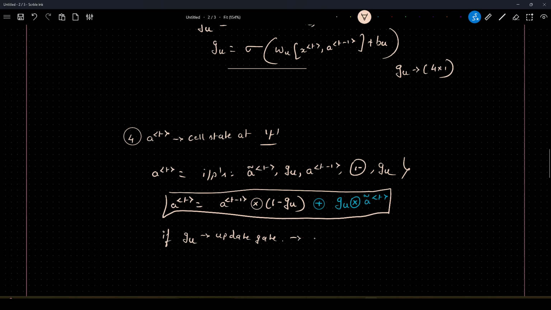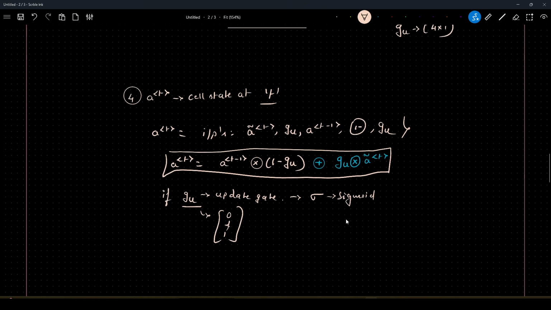And it is having activation sigmoid, so we know that the values of this will be between 0 and 1, right? So what happens if it is a vector of all zeros?